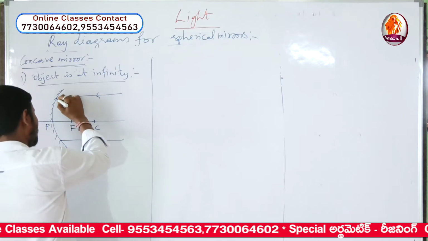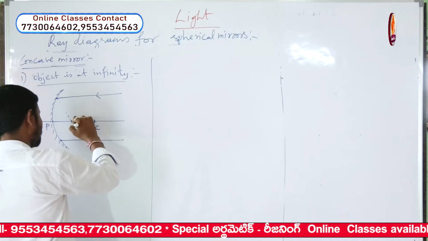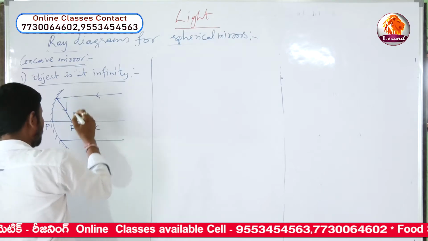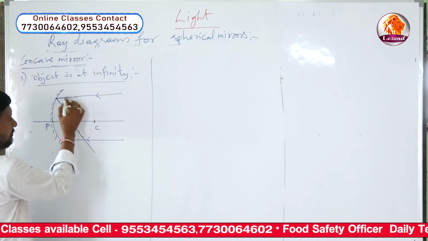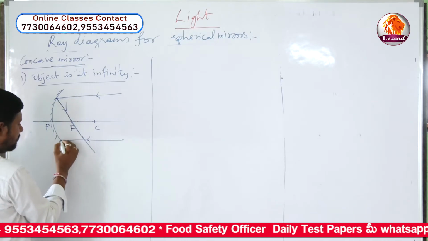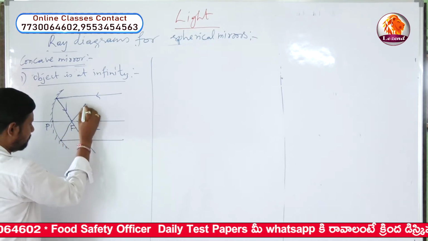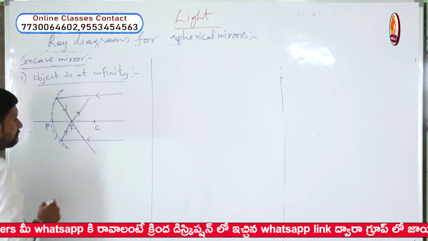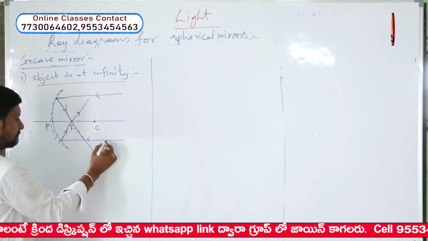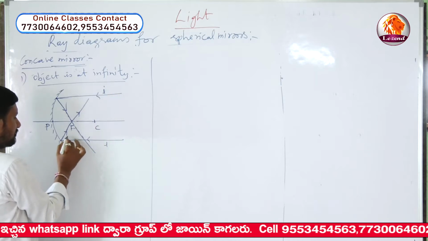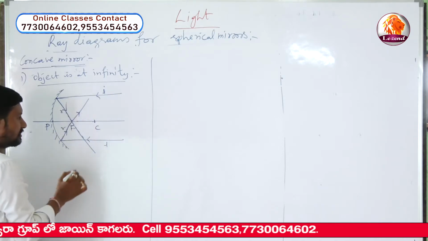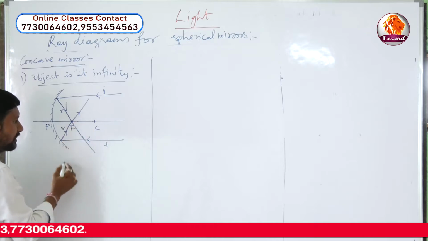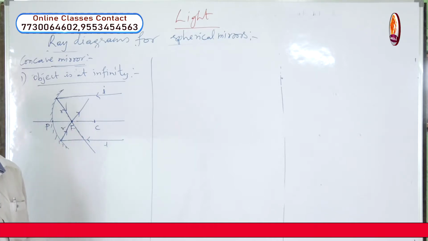So this is the reflected ray for this given incident ray, and for this given incident ray, this is the reflected ray. Incident ray, incident ray. This is the reflected ray, this is the reflected ray. And now where the 2 rays are meeting, there you get the image.